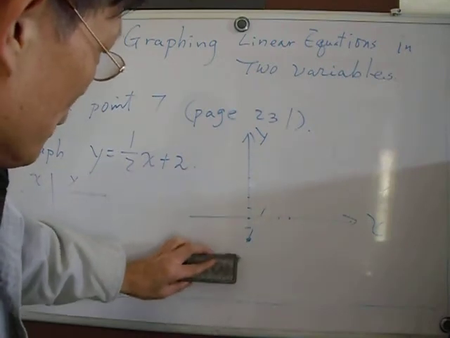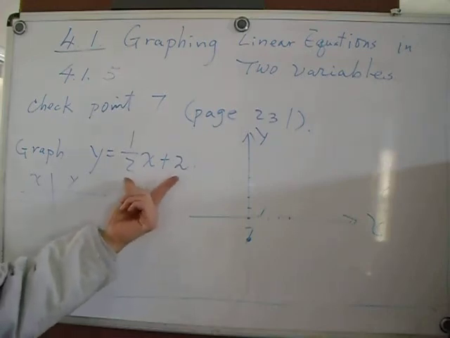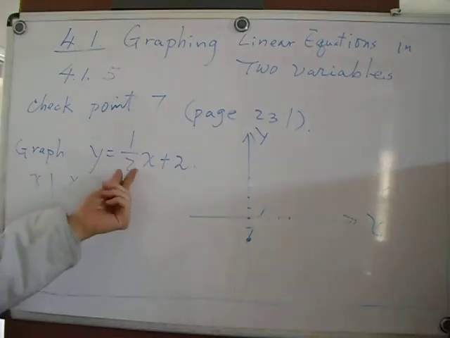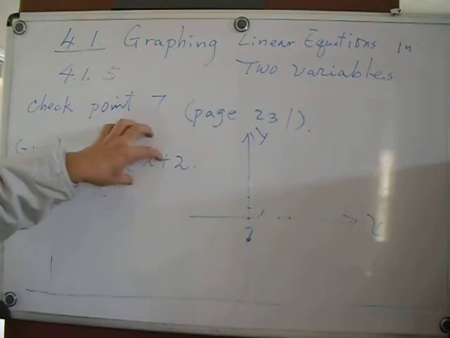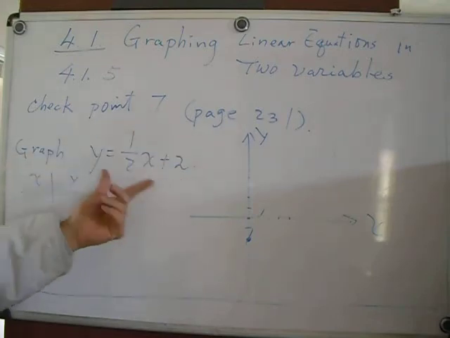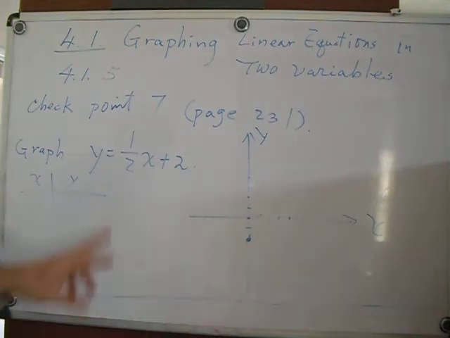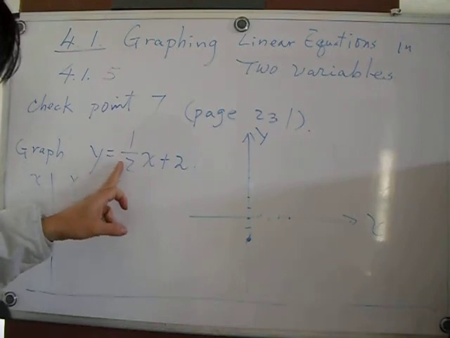So we're going to erase this part right here. This one has a fraction. To graph the fraction, we need to choose a number good enough to make a whole number, and then add another whole number, which makes the point very easy to graph. So the point is to get rid of the fraction here.